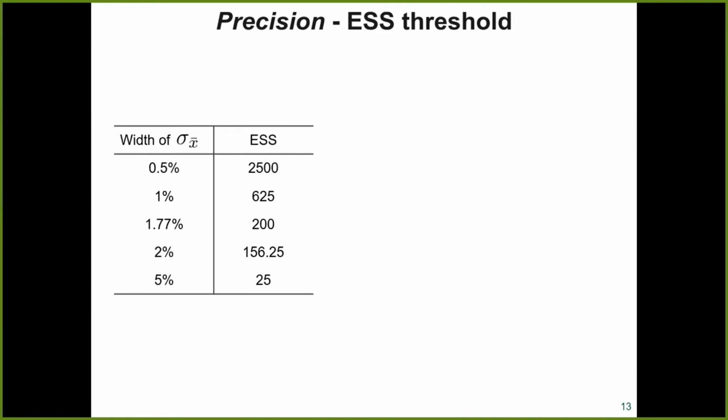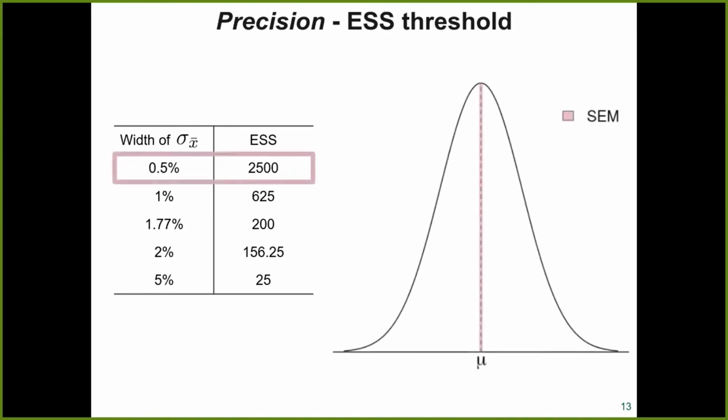So what that represents, if we establish the width of the standard error of the mean to be 0.5%, that is represented in the figure on the right. That's how much we are allowing our mean estimate to vary. We would need an ESS of 2,500.